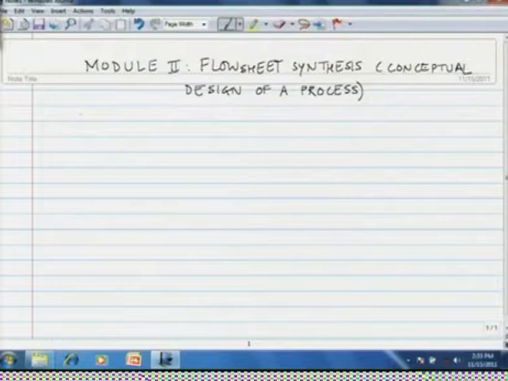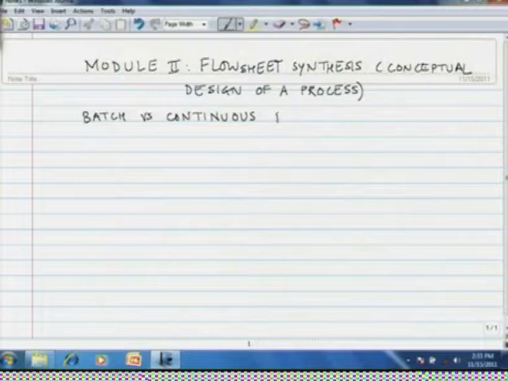Now, the first step, that is deciding whether we have to go for a batch process or continuous process. As I mentioned in the previous lecture, design problems are different from other problems that we encounter, in that they are always underdefined, that is, very little of the input information is available.